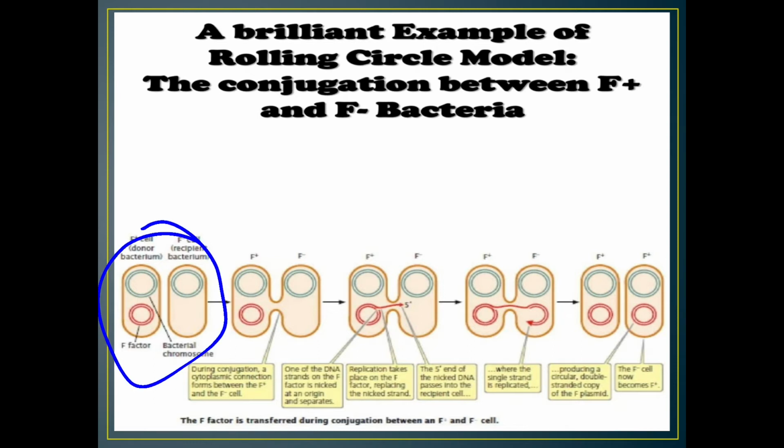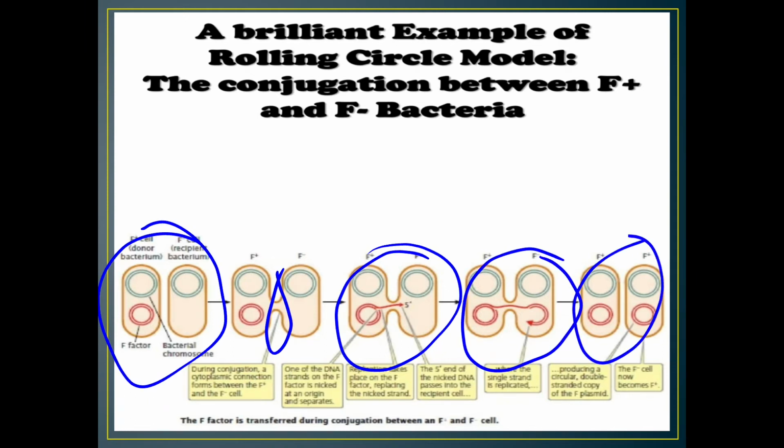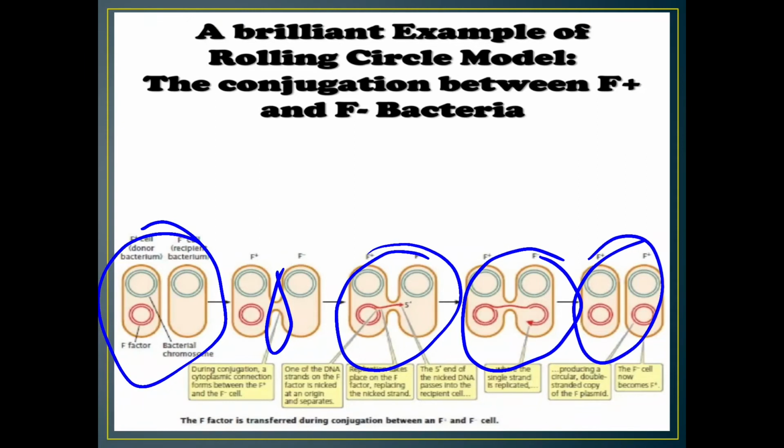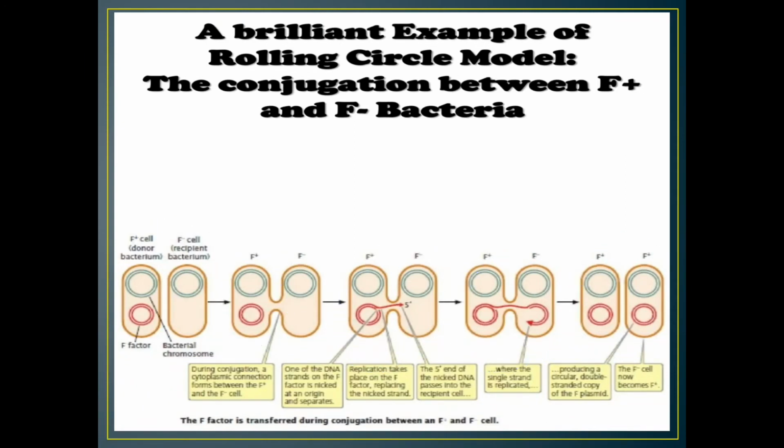There was an F factor present, that means the plasmid, and then a cut occurred, and with the help of the elongation process the 5' end moved and started to circle, and at last the two of them were made. It is simple, the process we described before is the same here too, nothing is different. I just put this picture to help understand how it is occurring.